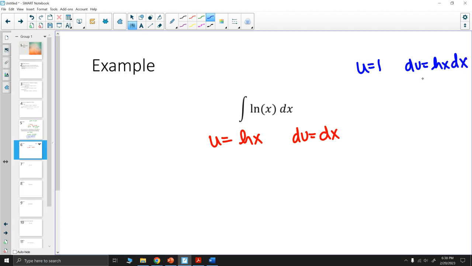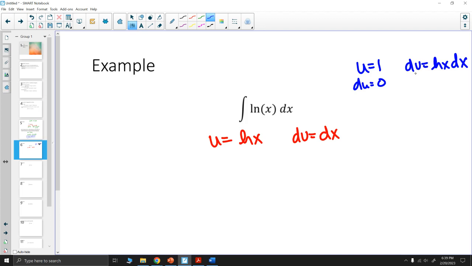Okay, now the reality of this is that if we choose our u here to be 1, the derivative of 1, du, equals 0, right? And essentially, we're potentially not going to get anywhere with something like that, but it is a possibility.